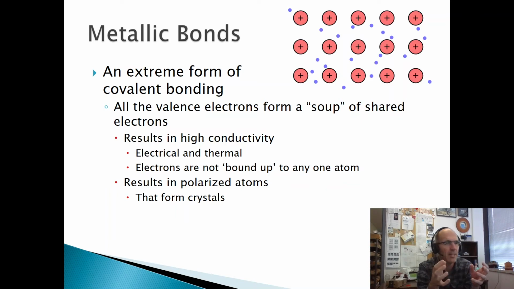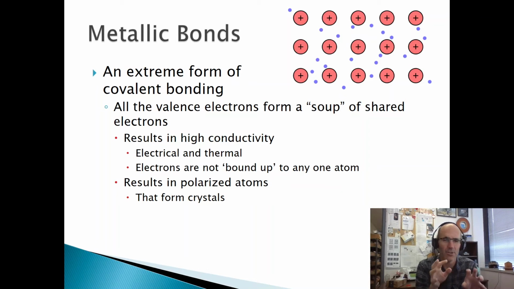And what's really neat is because they're just sort of soupy and floating around in there, these electrons are not bound to a specific atom or even to a specific molecule. The electrons are free to flow in there. So if you apply a voltage to a metal, these electrons can flow from one side of it to the other, and this is what makes metals good electrical conductors.